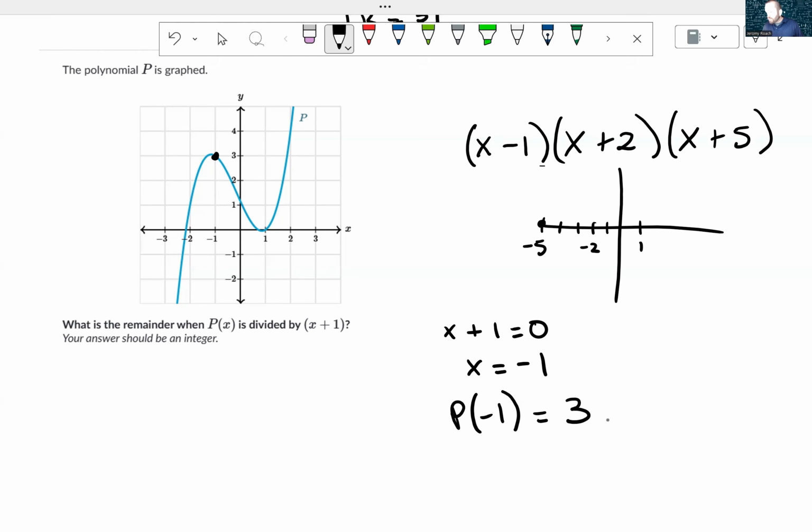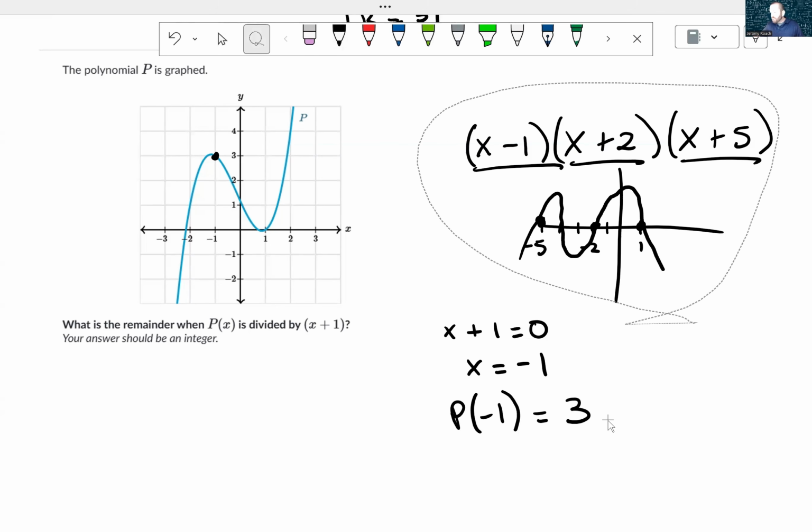If we had something that was factored like that, we'd get a graph, and it can do all kinds of things in between, but it crosses at these values where they equal 0. So that's just a little more background about what these graphs are doing with the remainder.